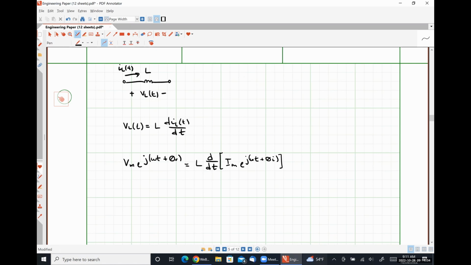I get Im e to the j omega t plus theta I multiplied by j omega. So my derivative operation becomes multiplying by j omega.